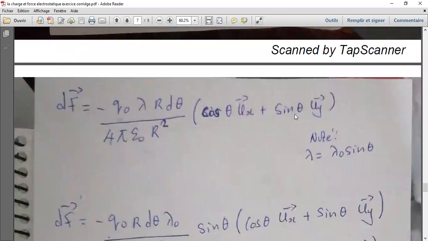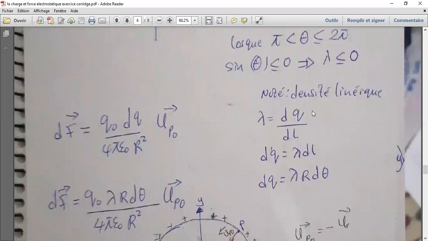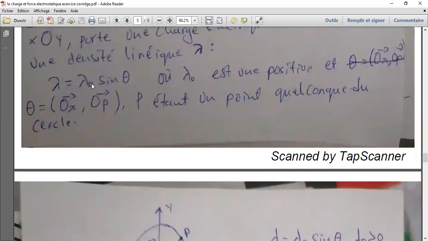So from here, you have come up with this formula, which is cos theta UX plus sin theta UY. Now there's only one thing which you are remaining with, and this thing is what lambda is equal to. We said that lambda is equal to lambda with a small 0, sin theta.